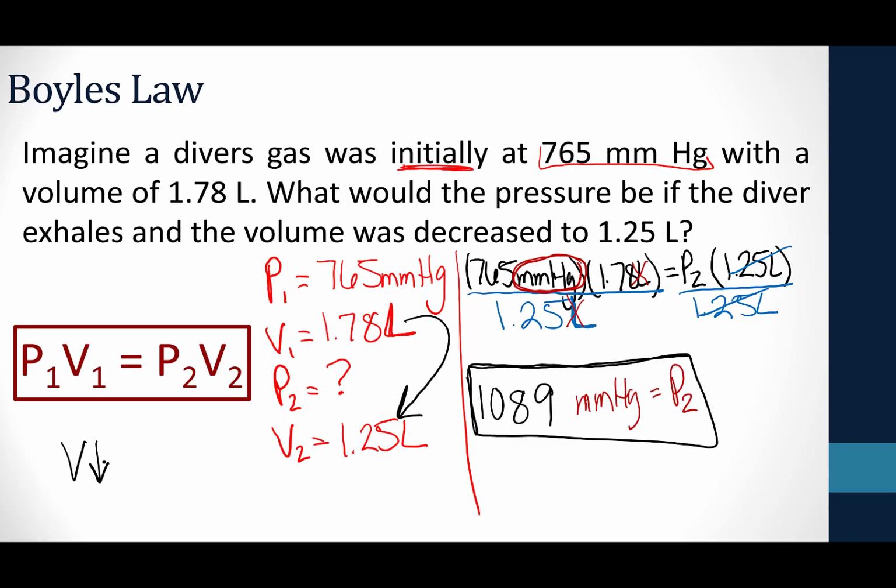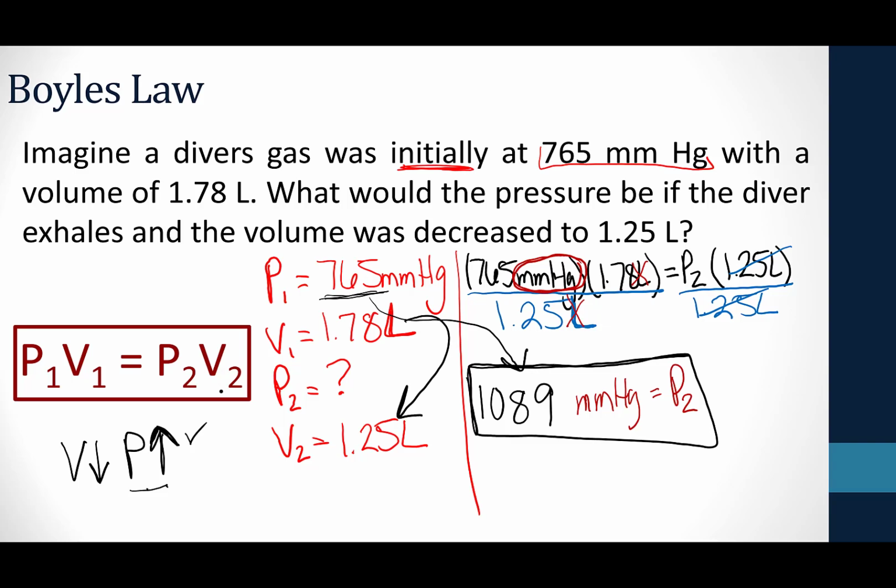According to Boyle's Law, what would we expect pressure to do? Well, it's inversely proportional, so we'd expect pressure to go up. Is that what happened? Yeah, we went from 765 to 1,089. So we expected pressure to go up, and it did, in fact, go up. Good possibility that that is the correct answer.